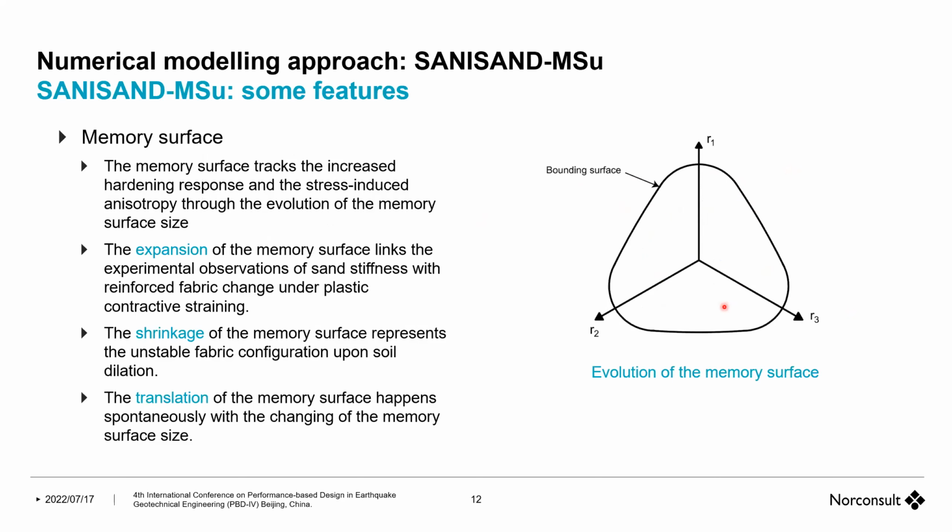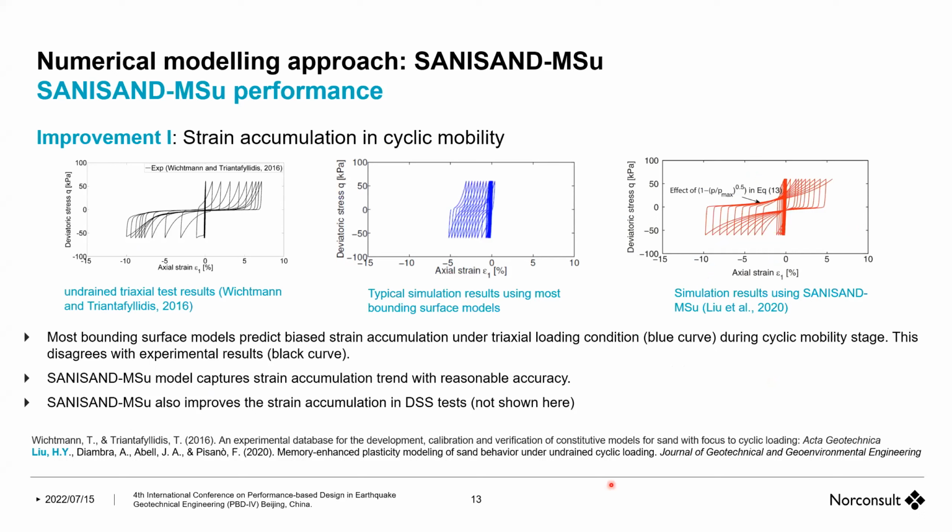What is happening is that the memory surface is moving; it is expanding, and could shrink. The shrinkage is due to unstable fabric configuration, due to dilation. There is a translation and, of course, the expansion. They are all capturing the different features of this model. So I move on quickly to some of its engineering features.